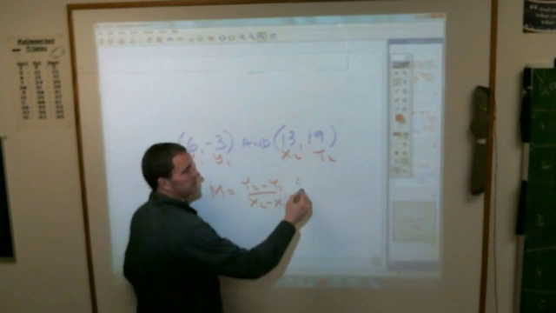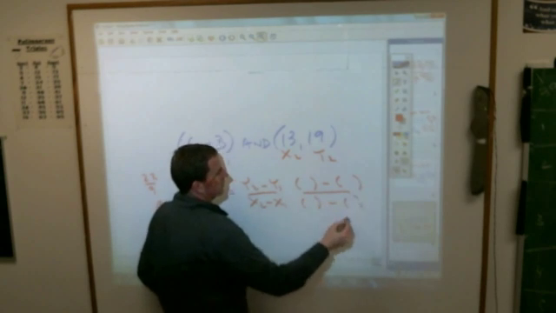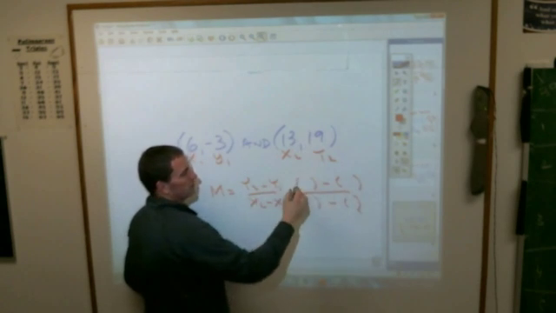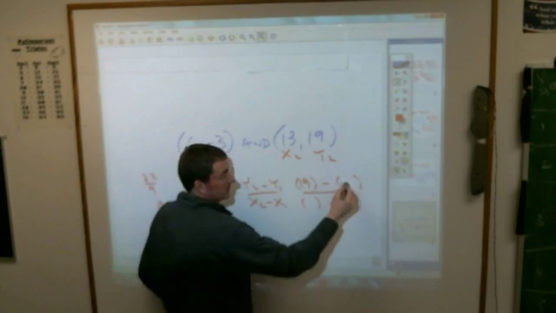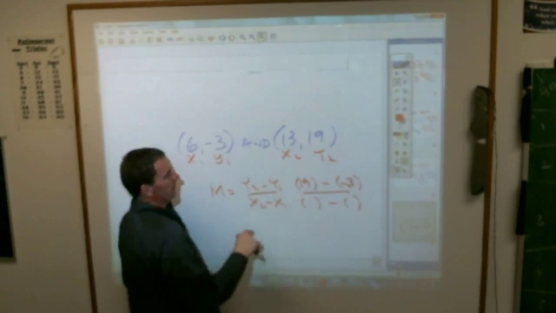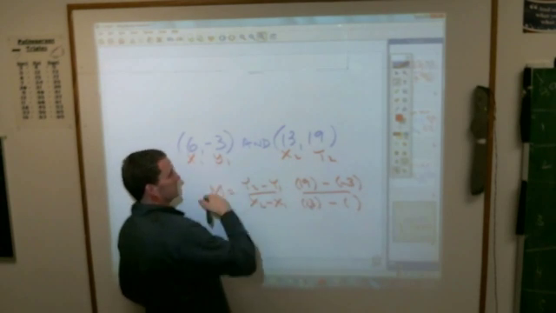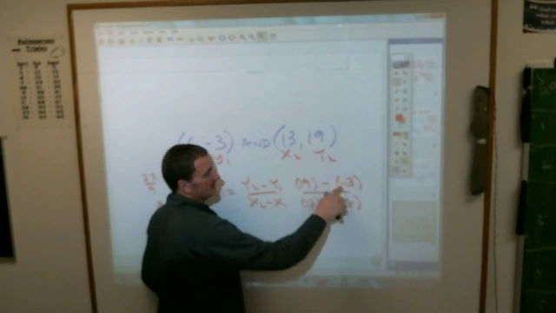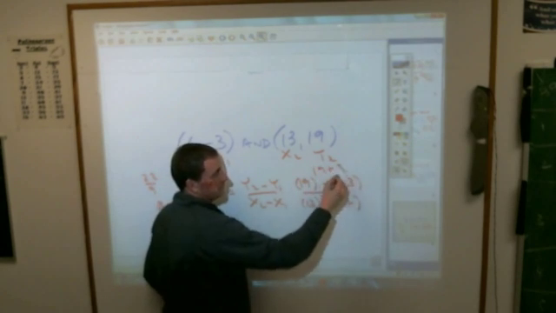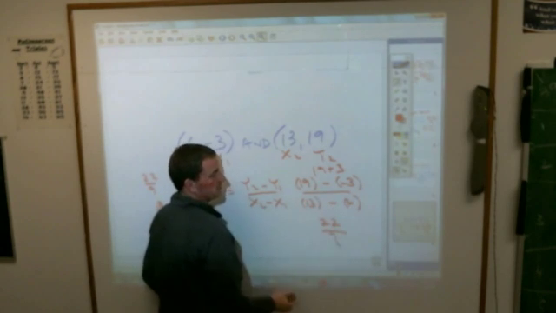So here we go, parenthesis minus parenthesis over parenthesis minus parenthesis. Y2 I said was 19, y1 is negative 3, x2 I said was 13 minus x1, which is 6. 19 minus a negative 3 is actually 19 plus 3, which is 22. 13 minus 6 is simply a 7.